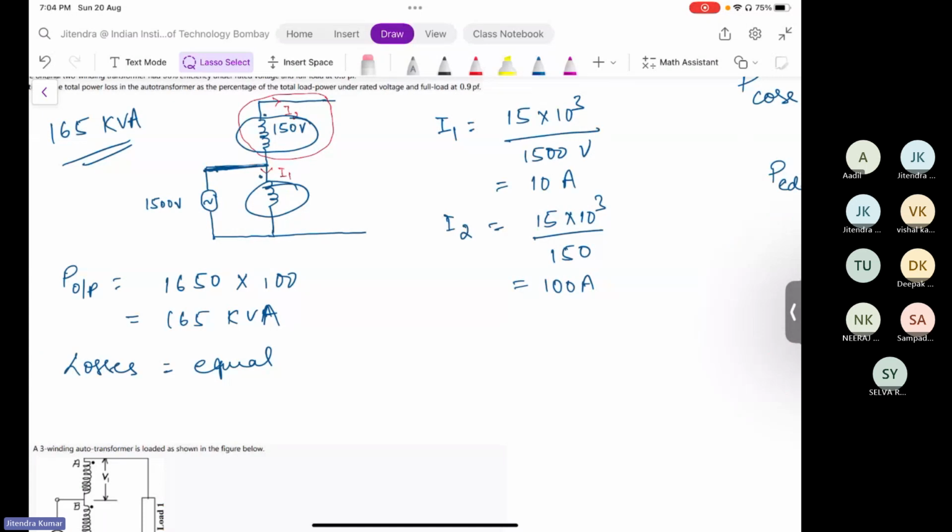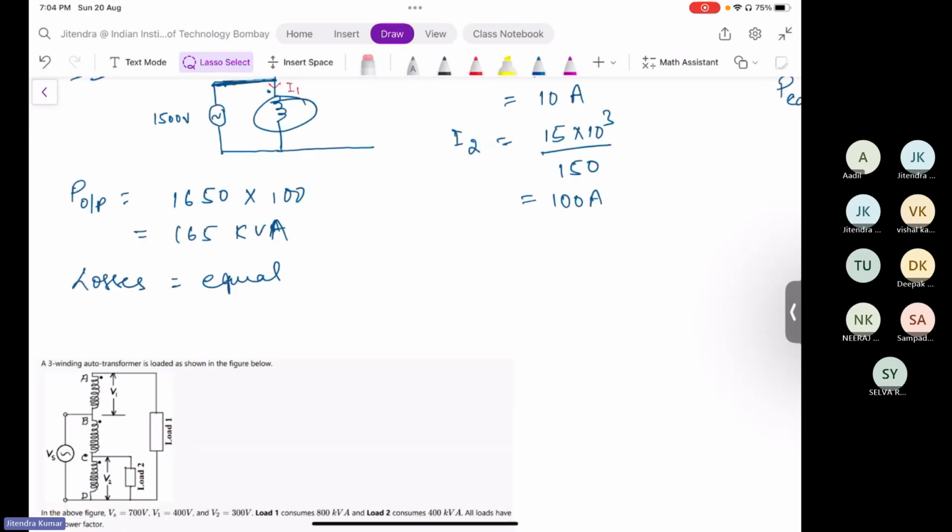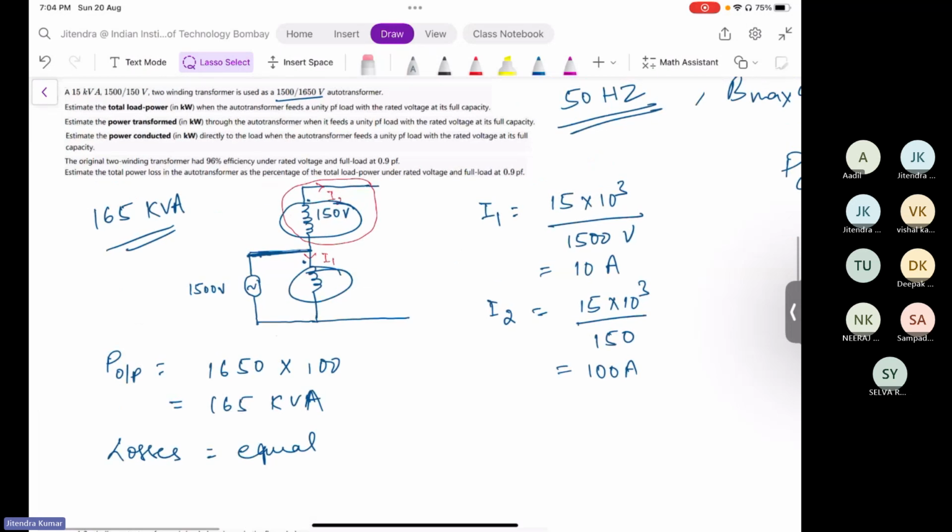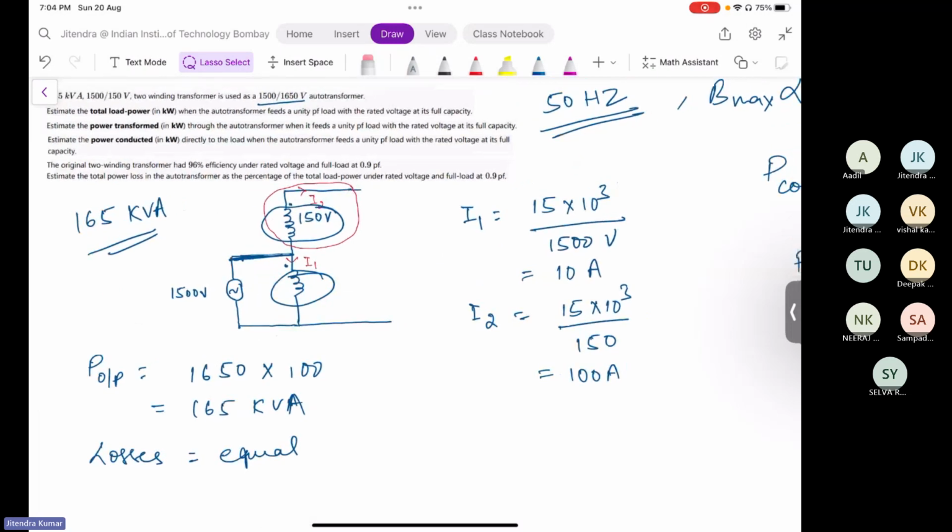So for such problems, what we do, we consider losses as equal. Okay, so what were the losses in the two winding transformer?